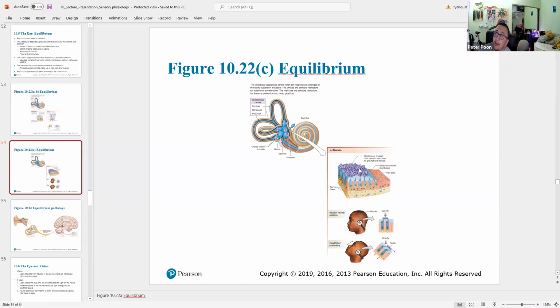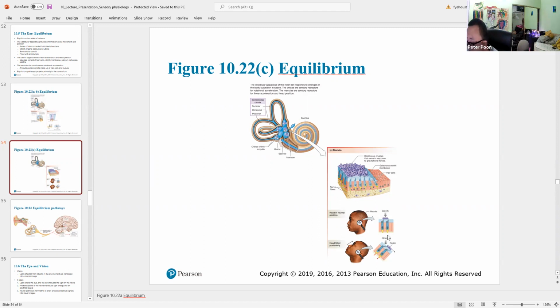Because they're knots of calcium, they're heavy, like little rocks. That's what otolith actually means, little rocks. They respond to gravity. If your head is straight up and down, gravity pushes it straight down. The floor is straight down.